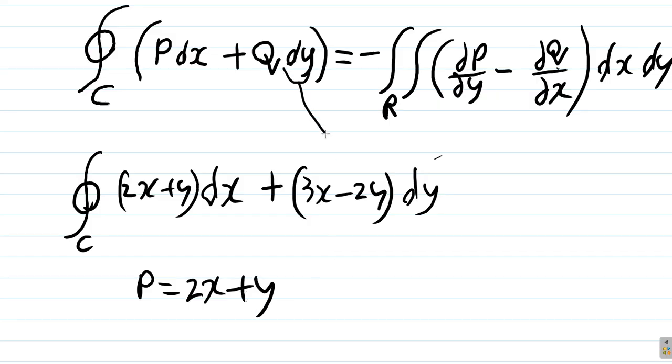Now we have dy here. Q is whatever multiplies dy. So what is that? You see Q corresponds to 3x minus 2y. So therefore Q is equal to 3x minus 2y. All right?